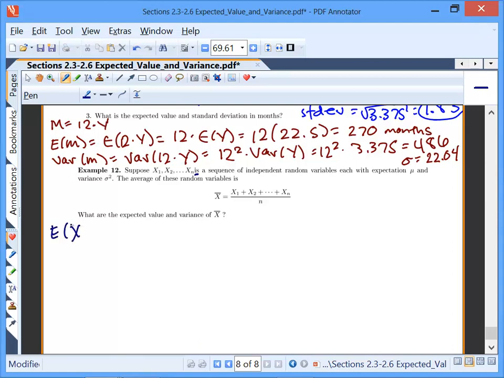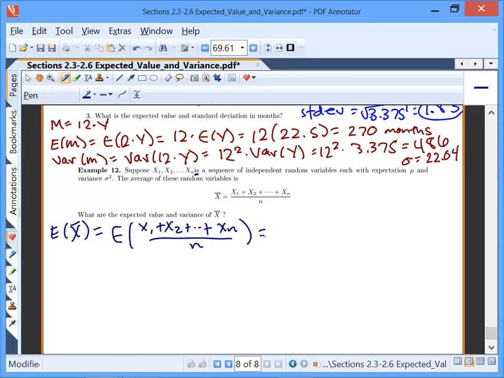So we need to find the expected value of x bar. Well, what is x bar? It's x1 plus x2 up to xn all over n. What do you start thinking of when you look at this, as far as the rules that we know?